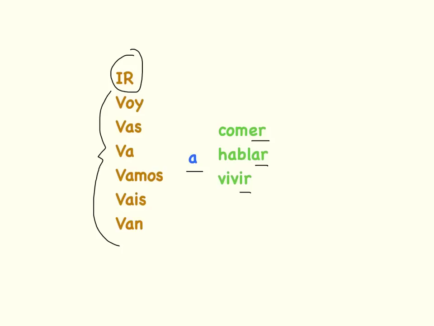For example, if I wanted to say, I am going to eat, I would need to say, voy a comer. If I wanted to say, we are going to eat, I would use vamos a comer. If I wanted to say, they are going to speak, it would be van a hablar.